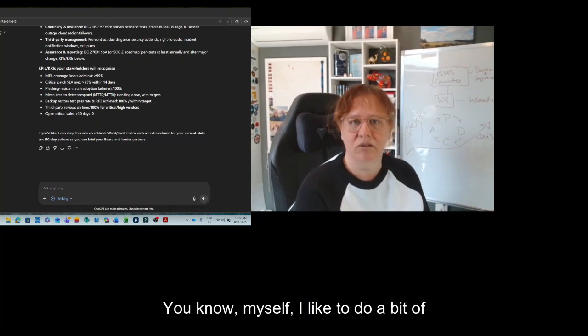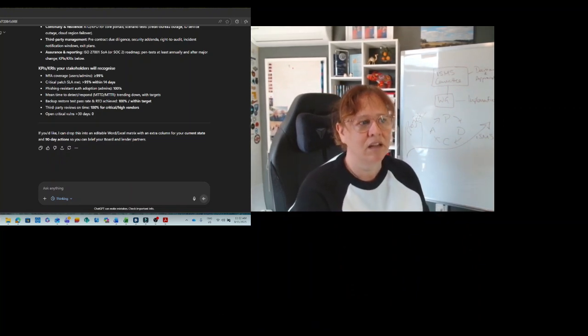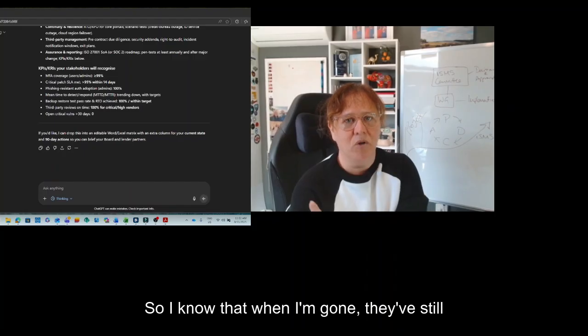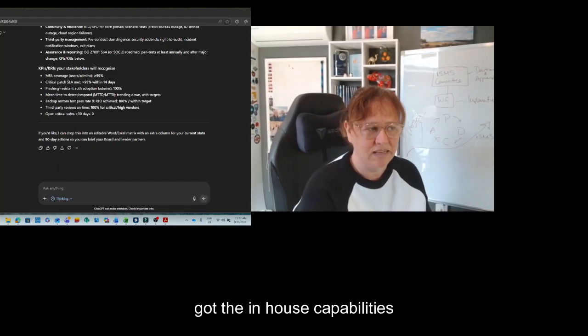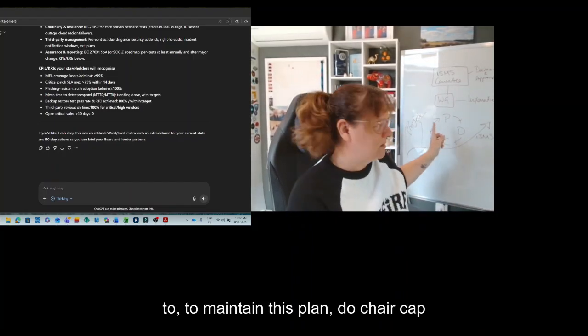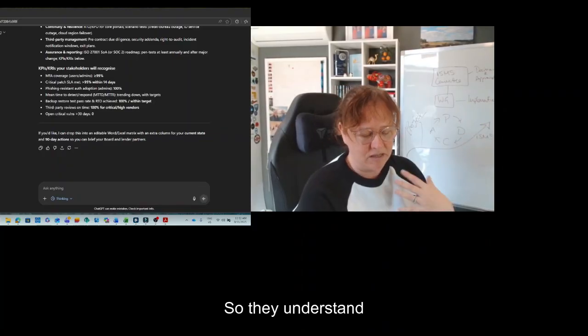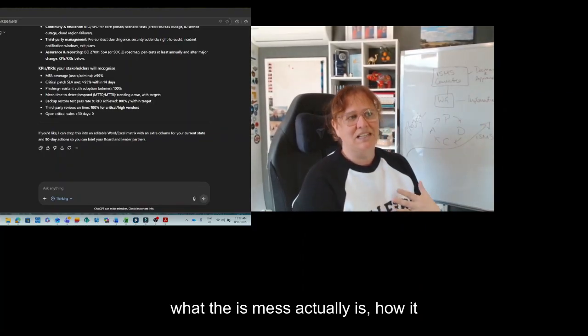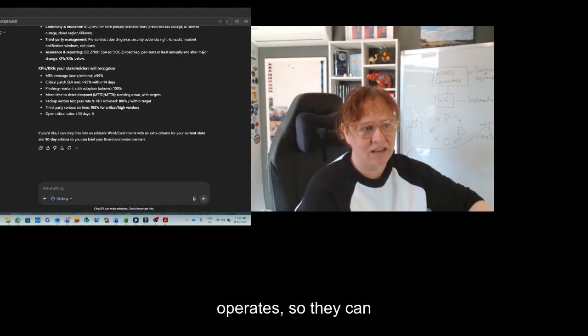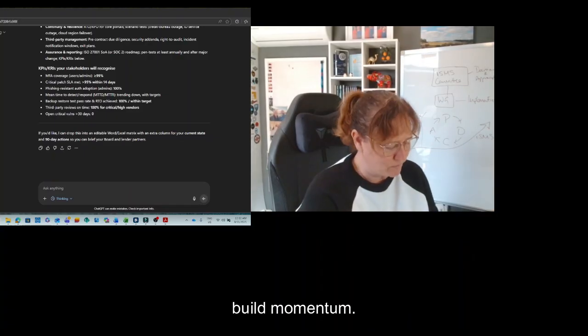Myself, I like to do a bit of mentoring and handover when I'm with a client, so I know that when I'm gone, they've still got the in-house capabilities to maintain this plan, do, check, act cycle over time, so they understand what the ISMS actually is and how it operates, so they can build momentum.